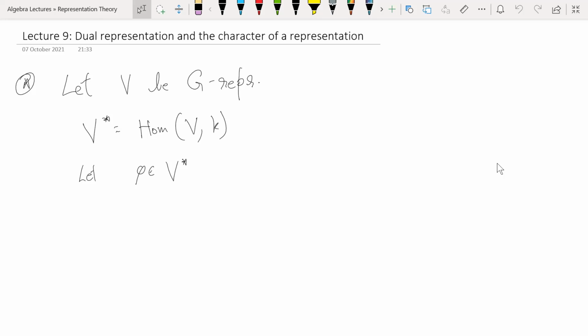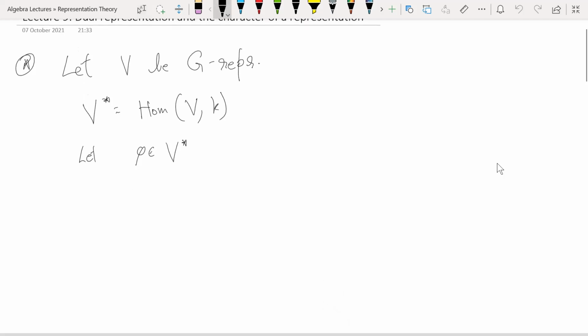So if V is a G representation, we can form this dual vector space. These are all K-linear maps from V to K. We want to give a linear action on V dual. So if I give you phi, which belongs to V star, we want to know what should be G phi.